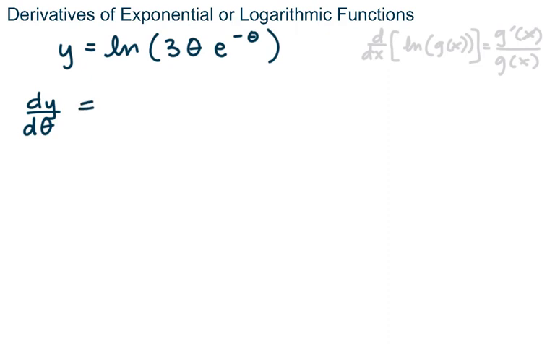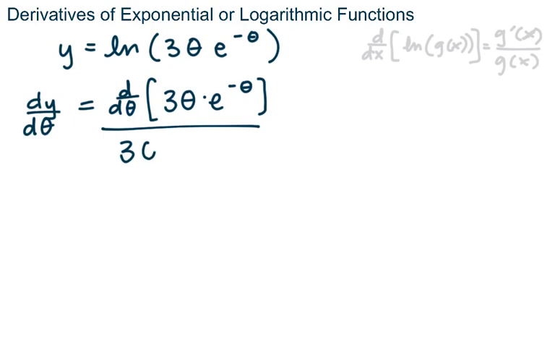So here I'm going to have d d theta of 3 theta times e to the negative theta over 3 theta e to the negative theta. All right, so I've applied my derivative of a natural log. So now I need to find the derivative of my original argument, which involves the product rule.